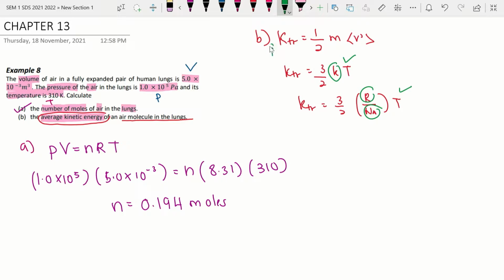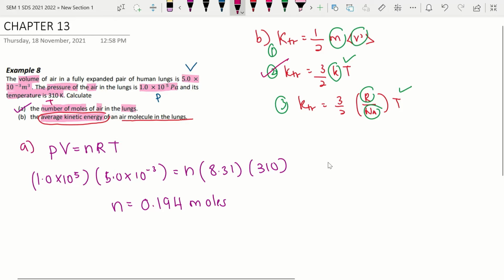But if we use the equation for number 1, we do not know the mass, and we do not know the mean squared speed. So we can use formula number 2 to look for the average kinetic energy.